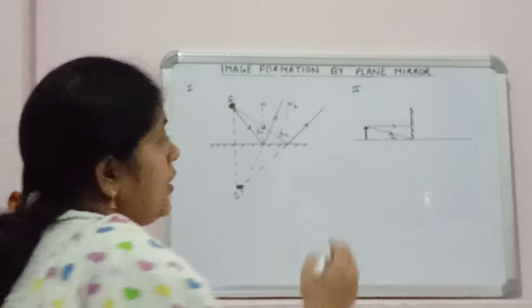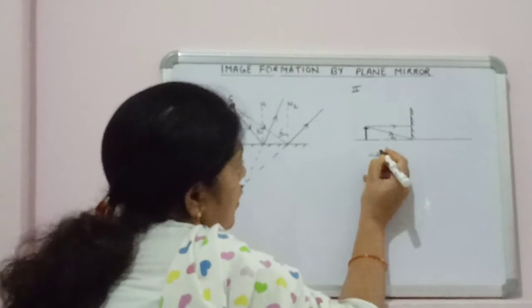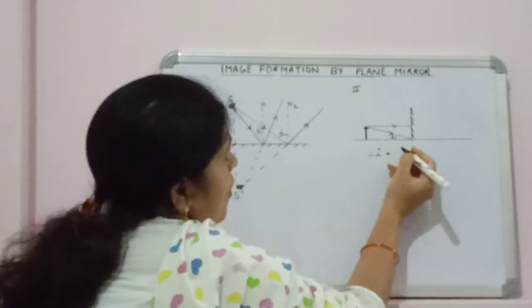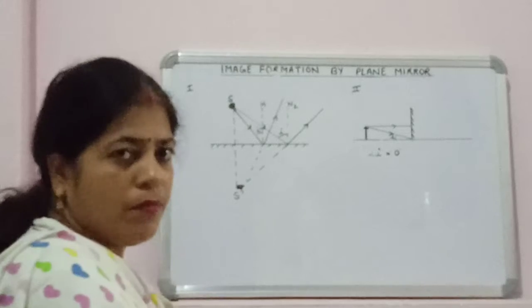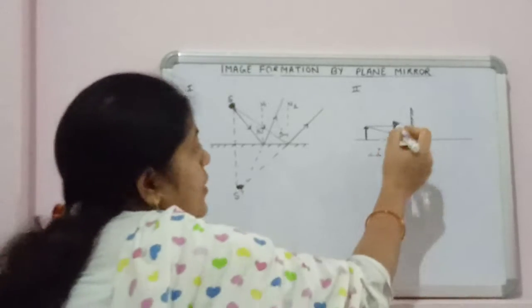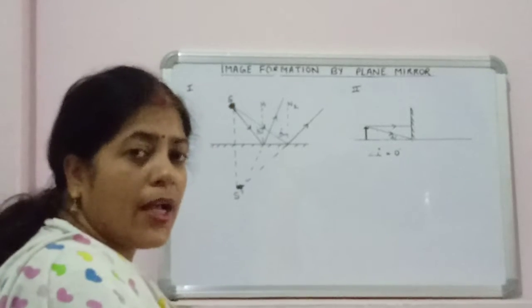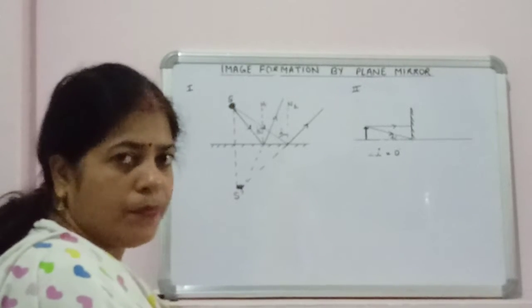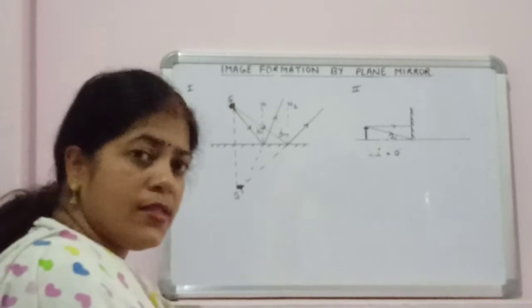It means the angle made between the incident ray and the normal is 0 degrees. Both are along the same line. So in this case the angle of incidence is 0, and obviously the angle of reflection will be 0.